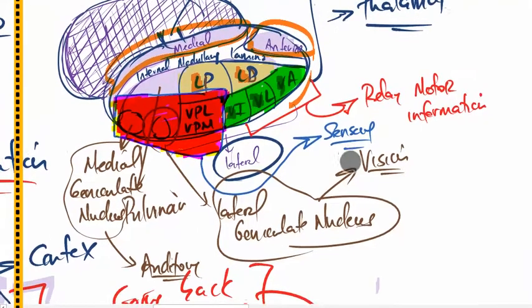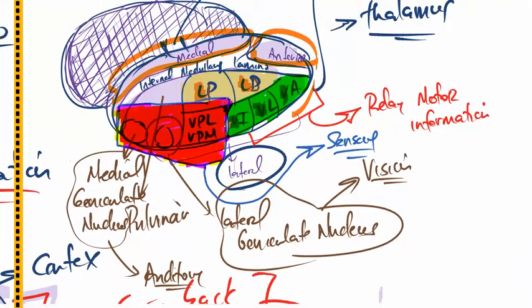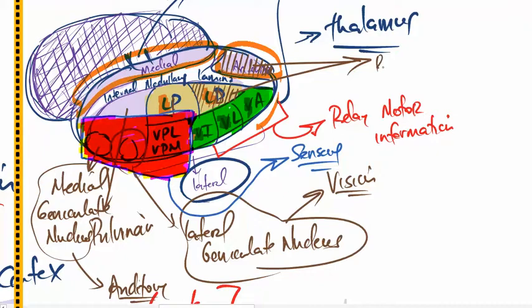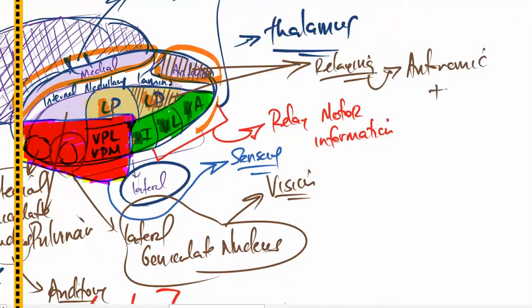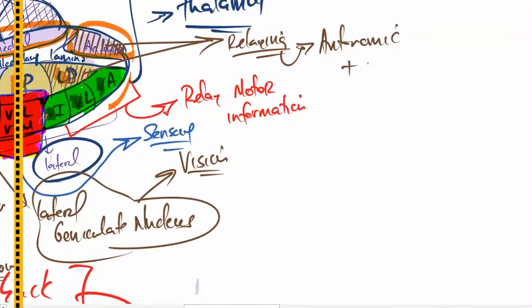All right, then for the lateral dorsal and the anterior nucleus, these guys right here are going to be relaying autonomic and limbic related information.